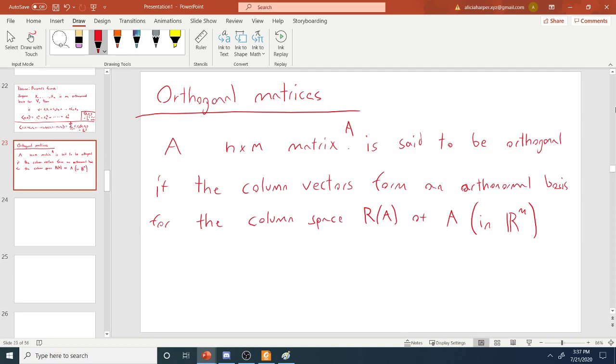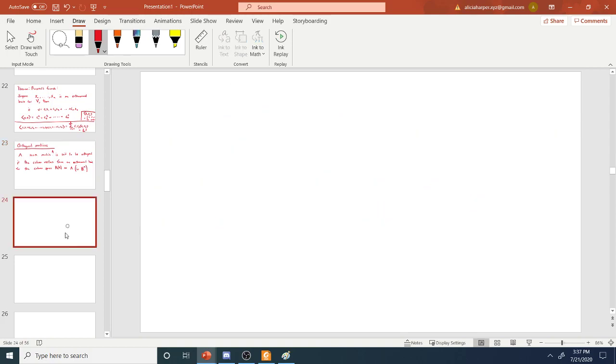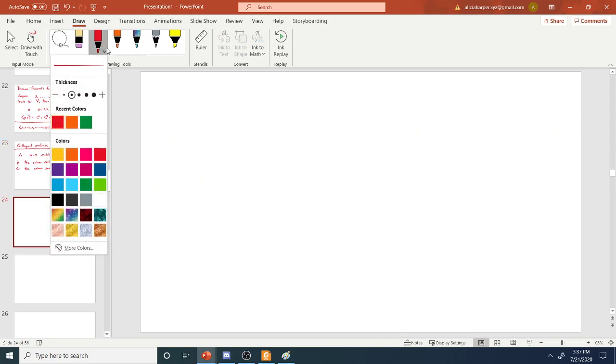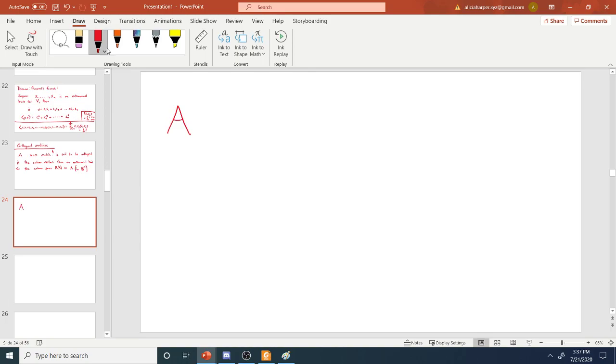Let's do some examples. So here we can do one pretty easily. We can take A here to be the matrix. This will be a 3 by 2 matrix. The first column vector will be 1 divided by the square root of 3, 1 divided by the square root of 3, 1 divided by the square root of 3, and the second one will be 0, negative 1 divided by the square root of 2, 1 divided by the square root of 2.